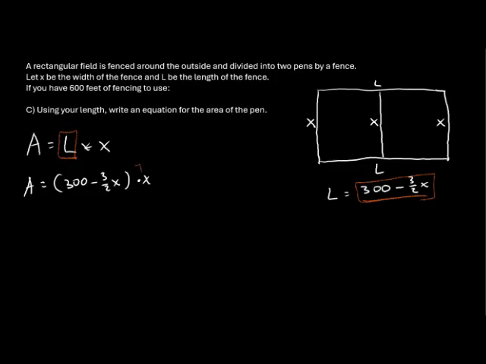We'll multiply both terms of that binomial times x. When we multiply, we'll take x times 300 for 300x, and x times negative 3 halves x, which gives us negative 3 halves x squared. Therefore, our area is negative 3 halves x squared plus 300x.